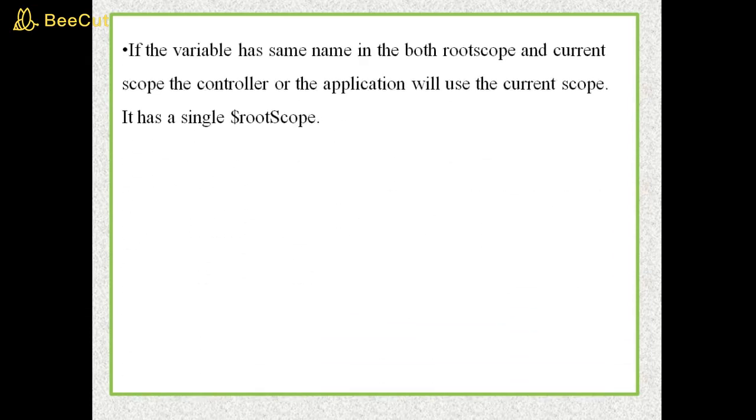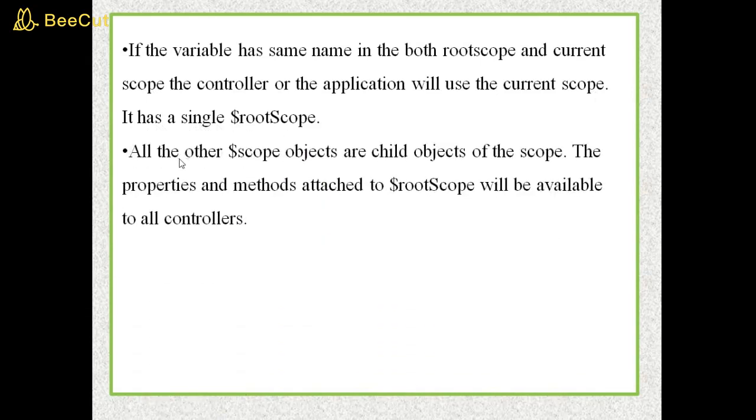If a variable has the same name in both the root scope and current scope, the controller or the application will use the current scope. It has a single $rootScope. All the other $scope objects are child objects of the root scope.